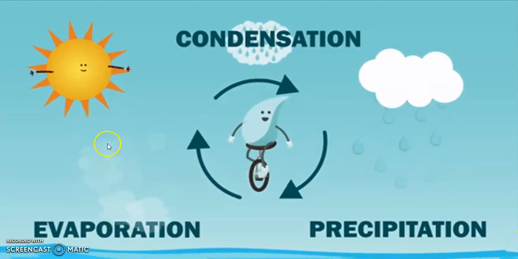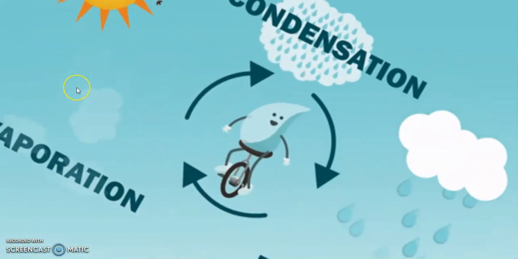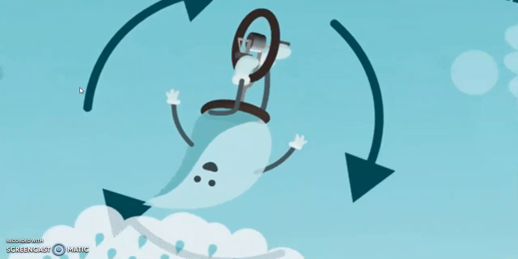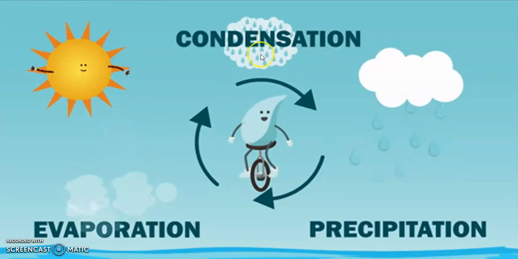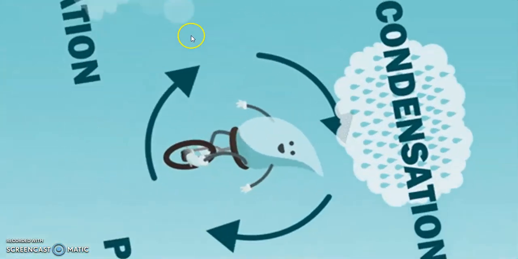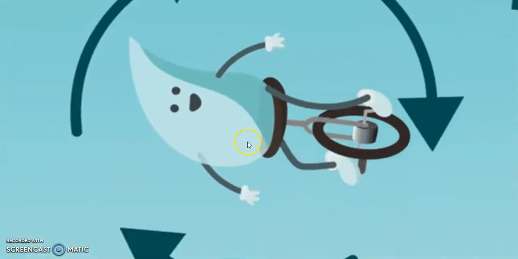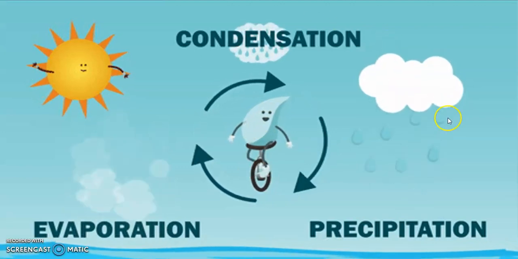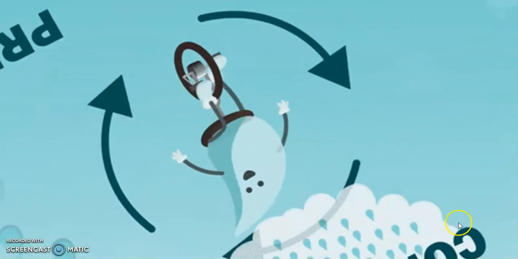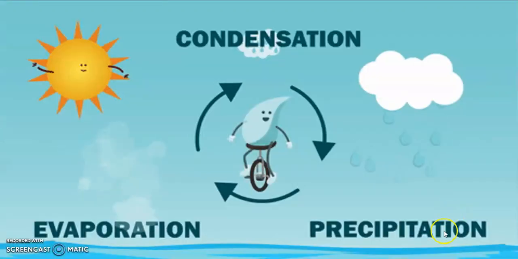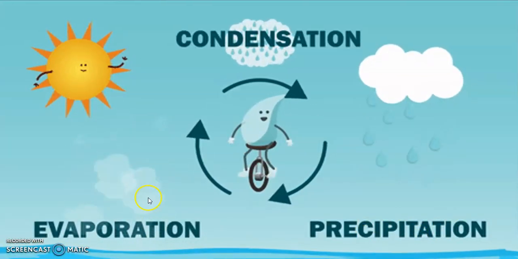So, this is evaporation. Number 2, condensation, formation of clouds. And number 3 is the rain falls down, precipitation. What is precipitation?